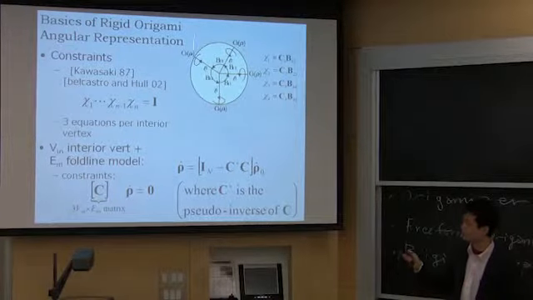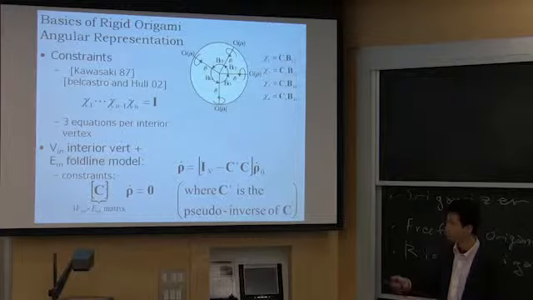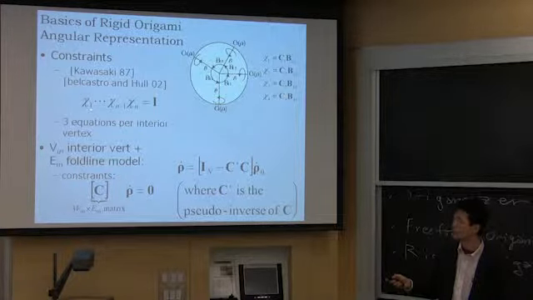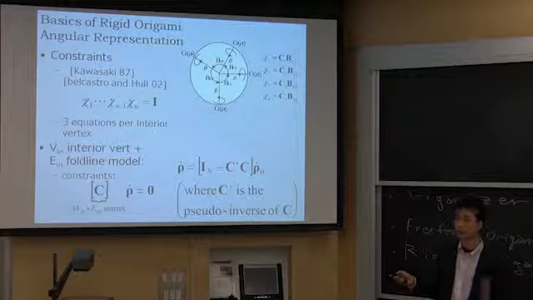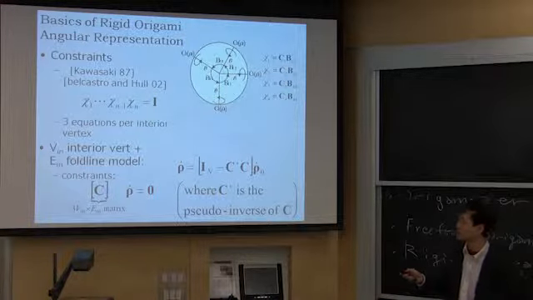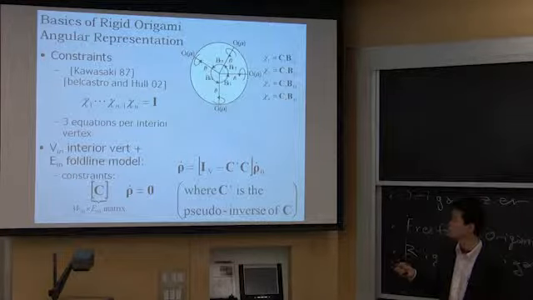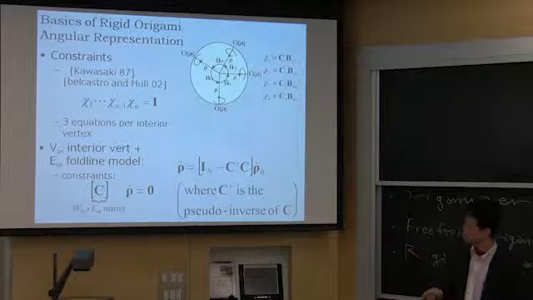So the configuration is represented by folding angles. And then the folding angles are constrained at each vertex by this equation, which is in 3x3 matrix form, which actually gives 9 equations, but only 3 of them are independent. So we have 3 equations for each vertex.